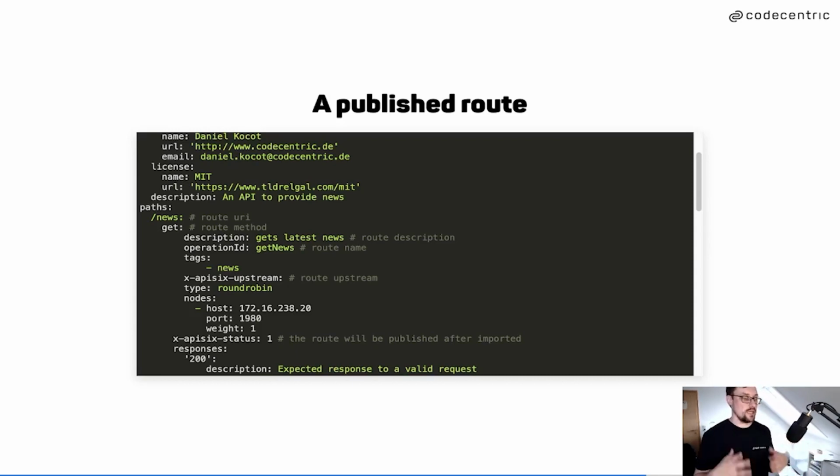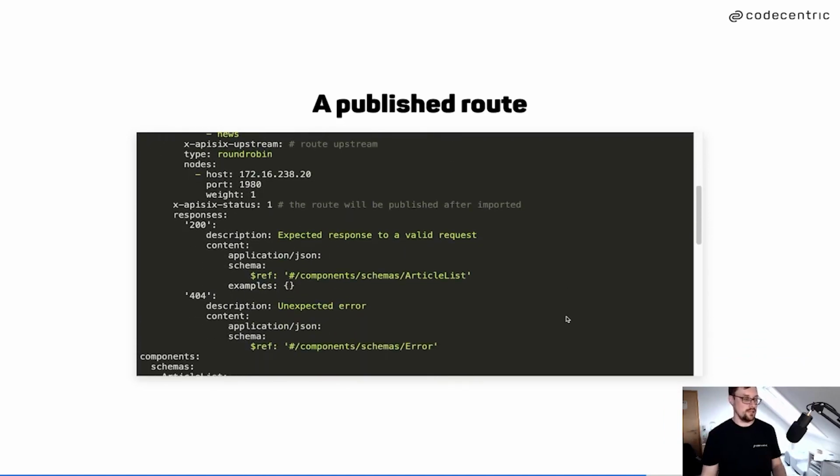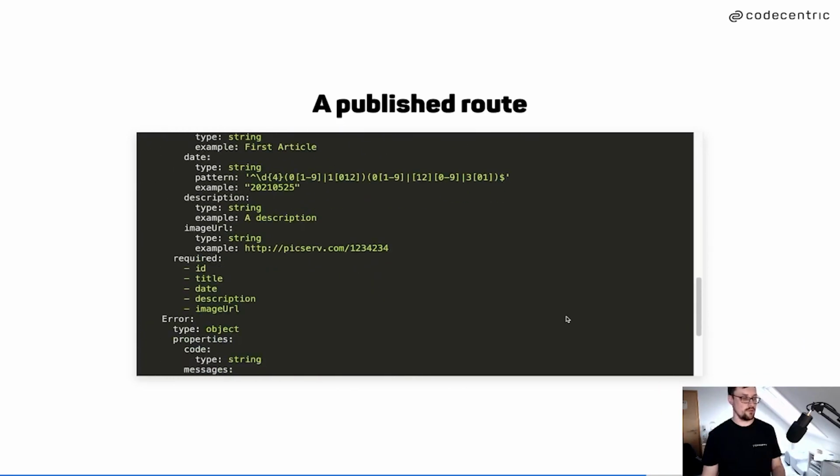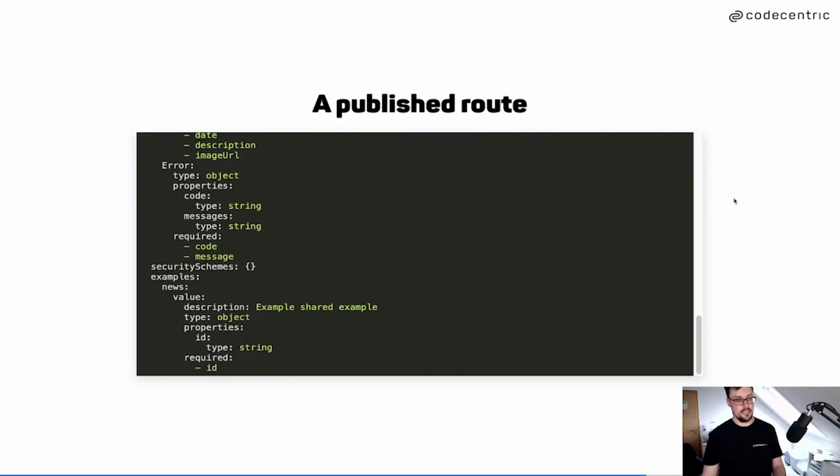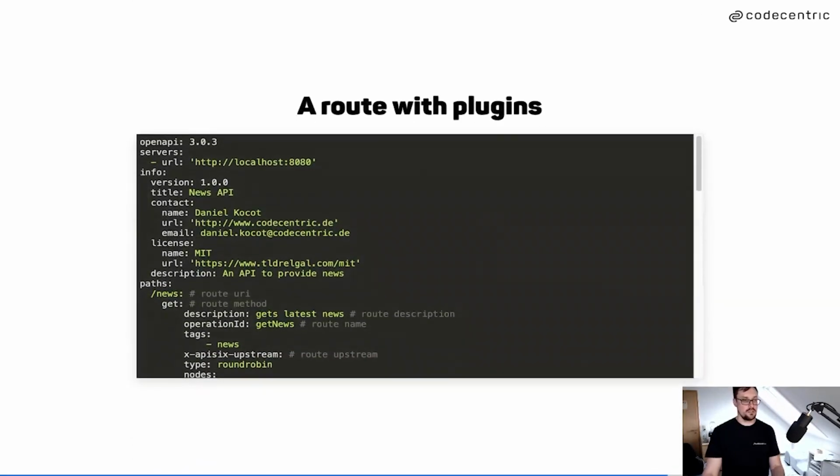So when we create an API specification, and we are not quite sure if we want to get the description published for real, we want to have it on the gateway so far, we can use this to make sure that the route is available after import but not being published. And here we see that's quite normal stuff. So it's a normal type of thing to really have a published route.